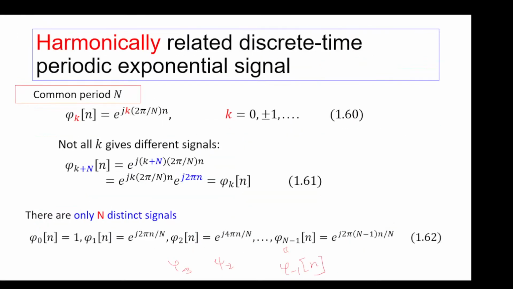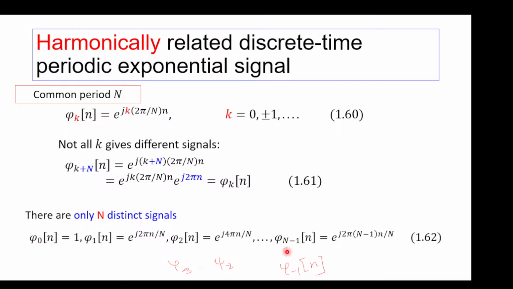You fix a common period N, and there are only N distinct harmonically related discrete periodic signals. You label them by k. Their formula is e to the jk 2 pi divided by small n, over N. You should get familiar with this formula, because we are going to see it all the time, especially when we talk about Fourier series. Remember they are labeled by only N distinct k.